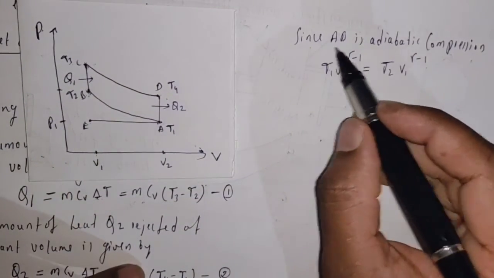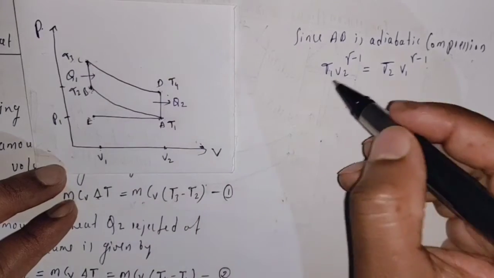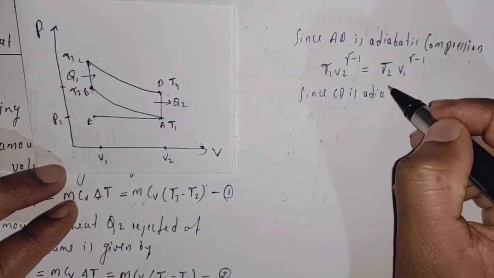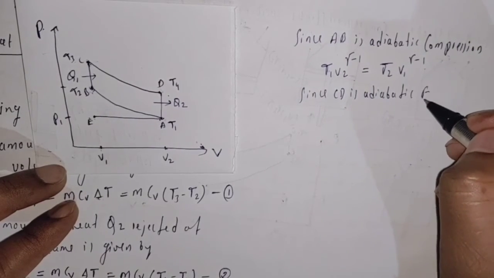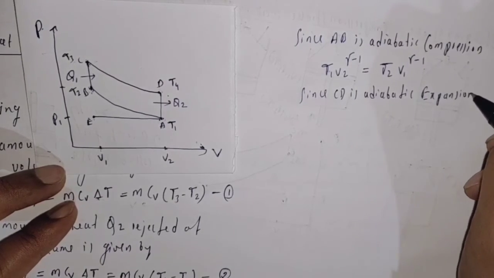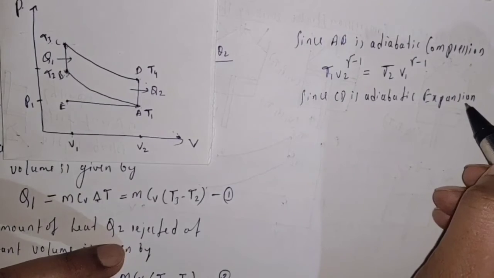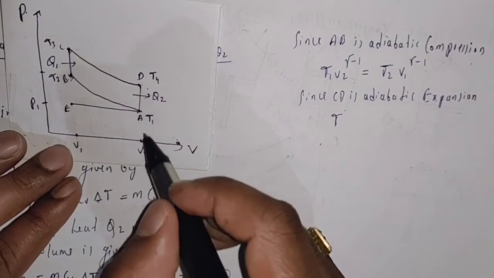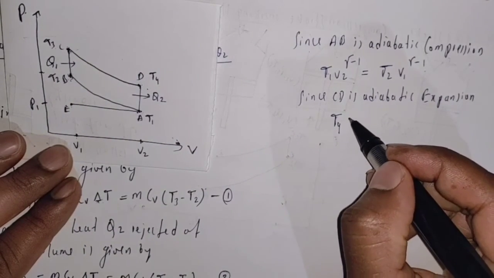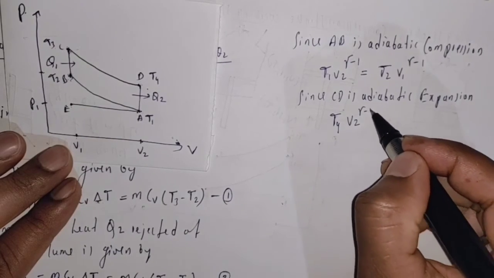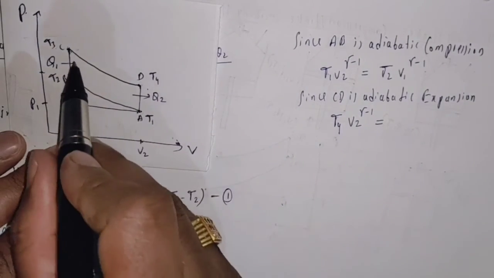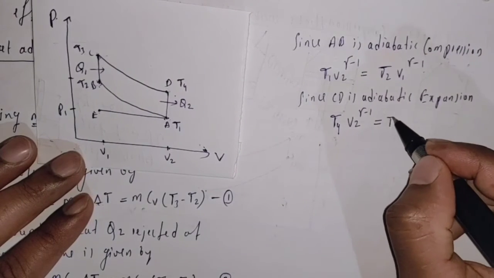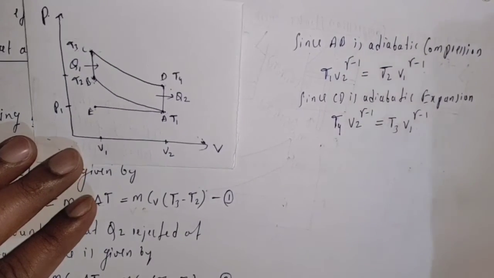And similarly, let us write the equation for the adiabatic expansion CD. Since CD is adiabatic expansion, we can write the equation as T4 V2 power gamma minus 1 is equal to T3 V1 power gamma minus 1.